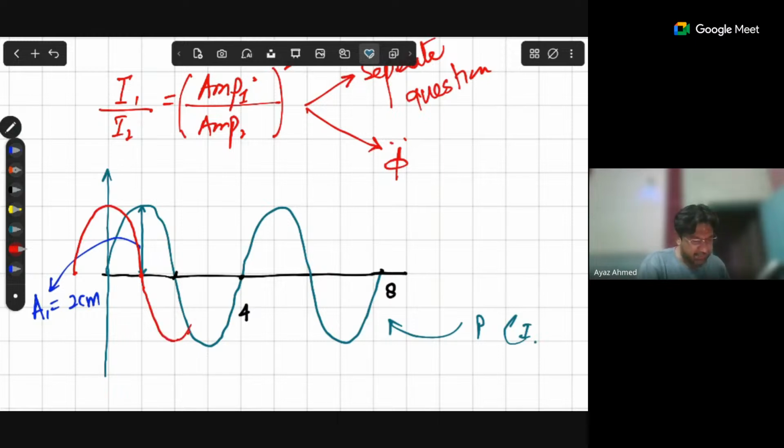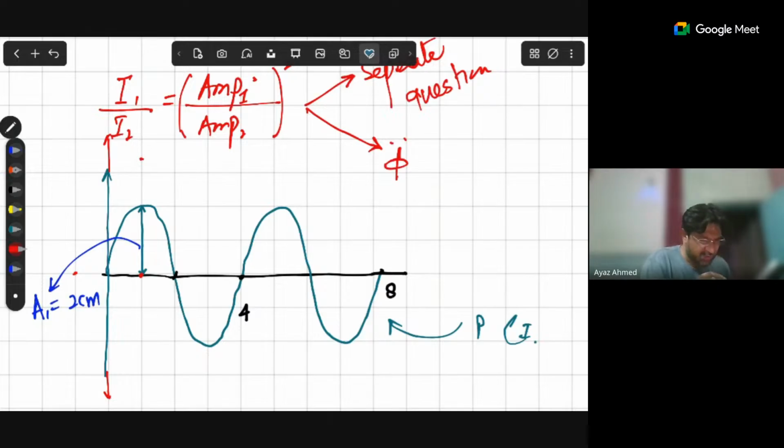But there is one problem, and that problem is that I did not consider the amplitude. What is the amplitude of the wave? 3.4. So it is 3 and 3.4, almost to this point.